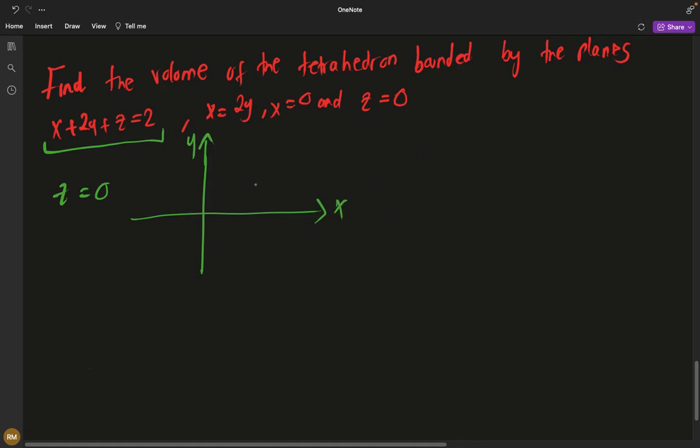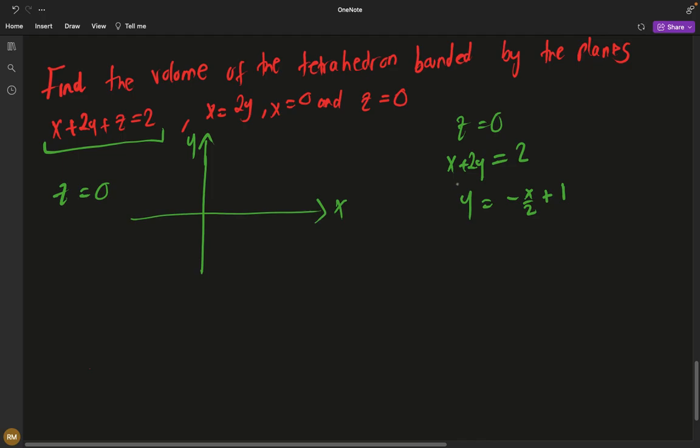So now if z = 0, then we'll just have x + 2y = 2. If we want to make y the subject of the formula, then we'll just have y = -x/2 + 1, is it?